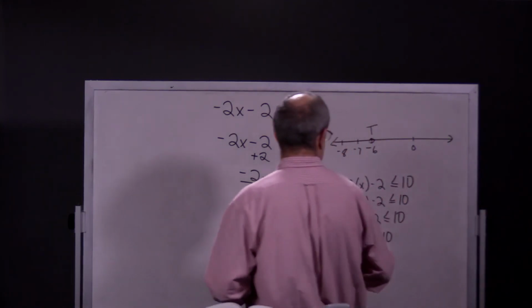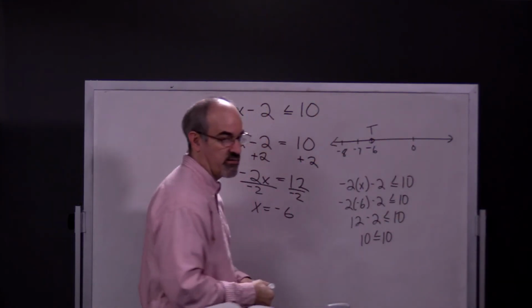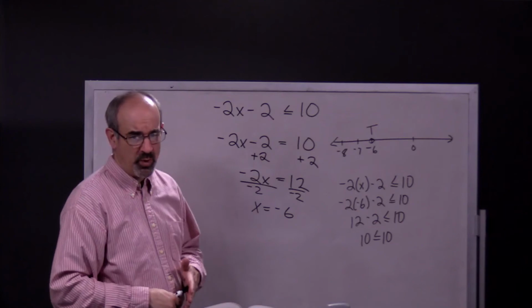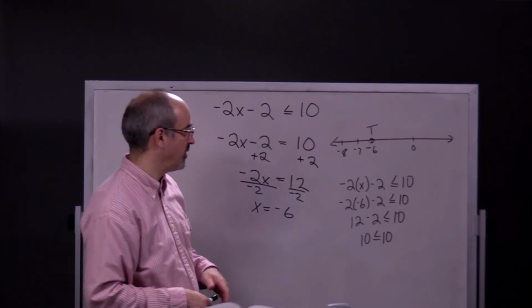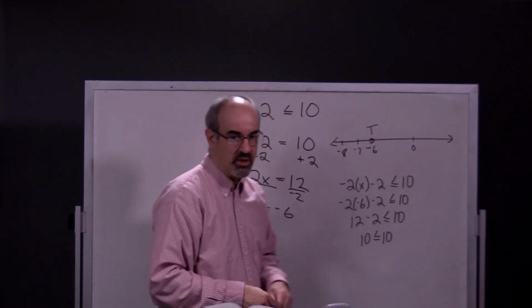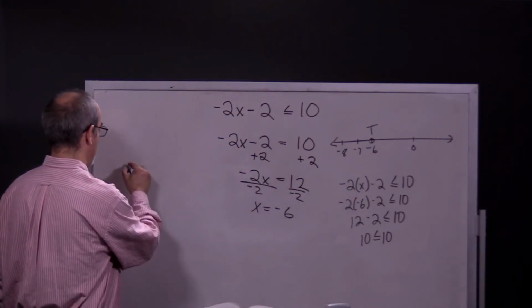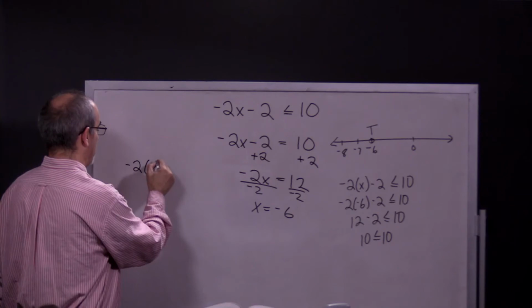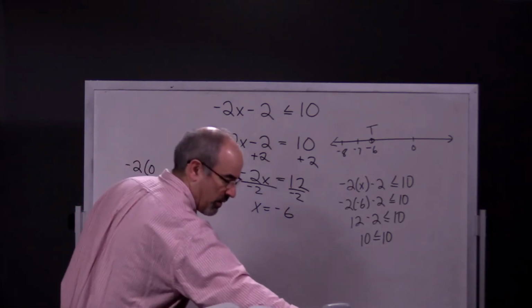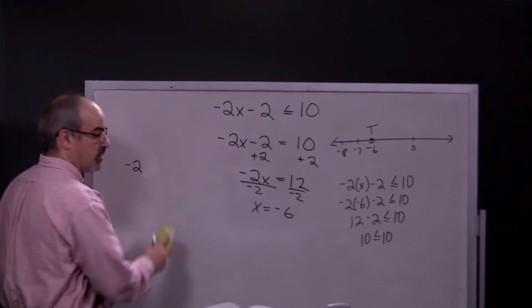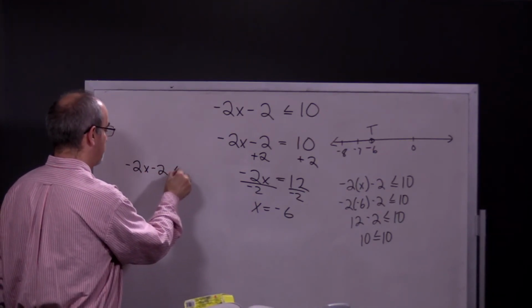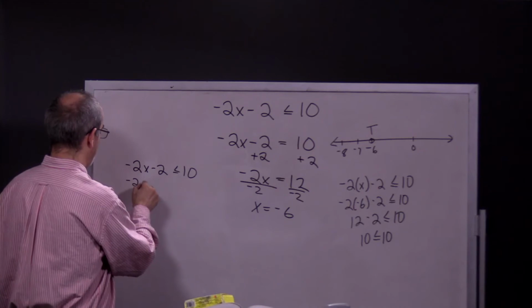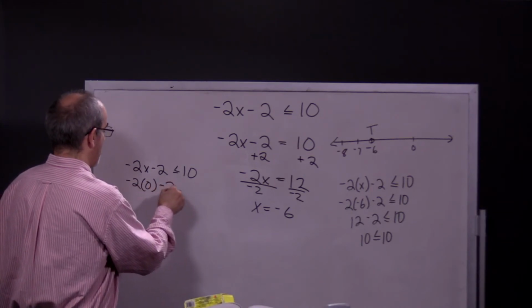Then you're going to test a point that's greater than negative 6. Well, one of the easiest points to test is when x is 0. So you could test like negative 5, but you might as well just test 0. So you're going to plug 0 in. I always want to actually show the original problem. You don't have to, but I like to. So I'm plugging in 0.